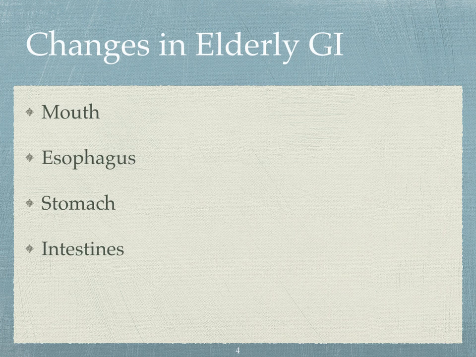This will cause dysphagia and the potential for aspiration, hiatal hernias, and GERD as well. Our stomach will start to atrophy, which can bring on food intolerances. We won't be able to eat the foods that we like as much as we did when we were younger. The intestines will have a slow intestinal transit and will delay the absorption of fat-soluble vitamins.